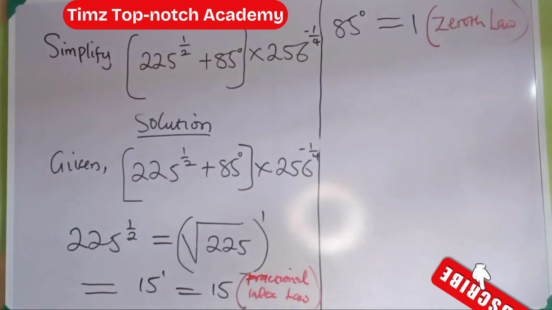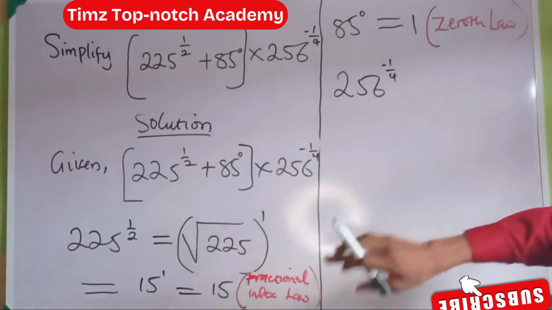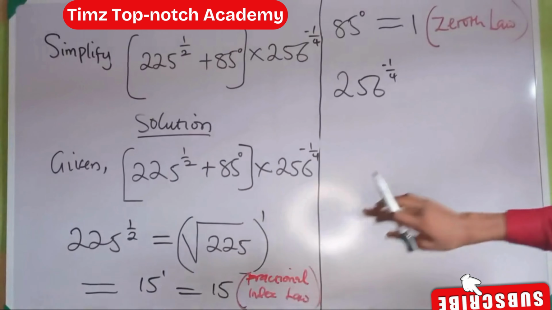So you bring out these two. If you bring out this, we're having 256 raised to power minus 1 over 4. If you look at this now, you know that this is a combination of the fractional index law and the negative index law as well. So what you do now is bring out this.